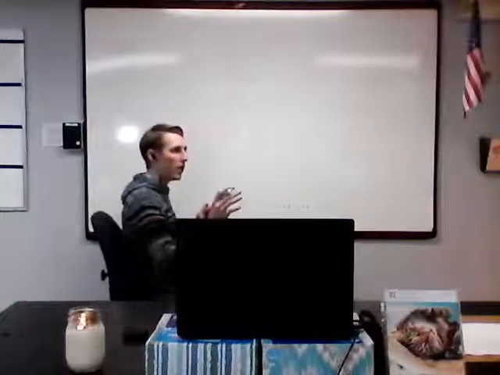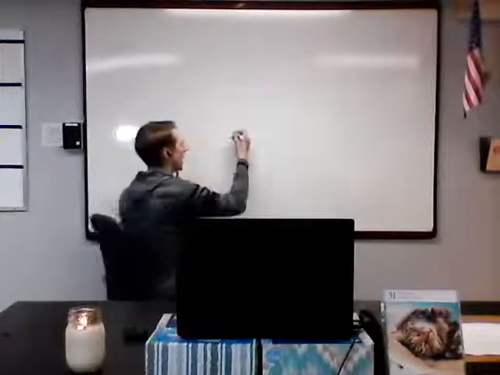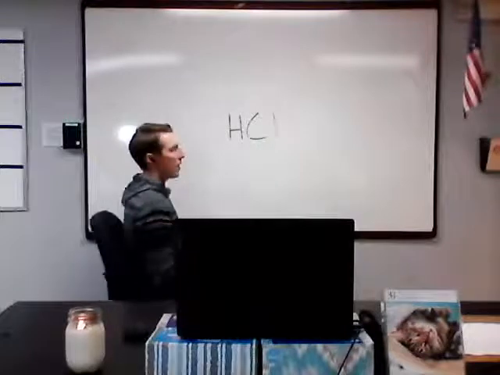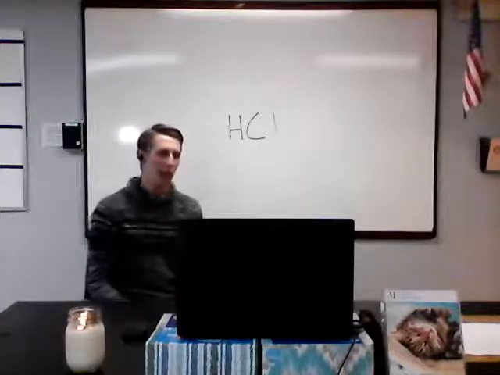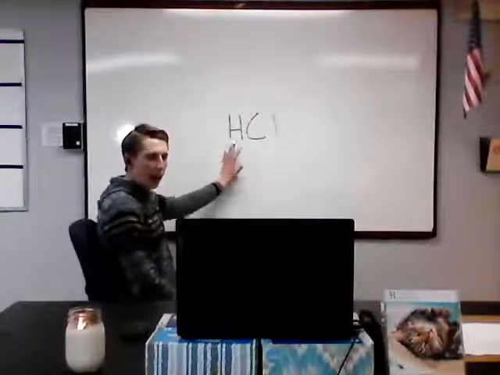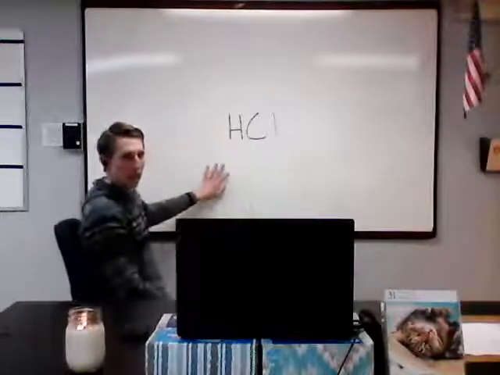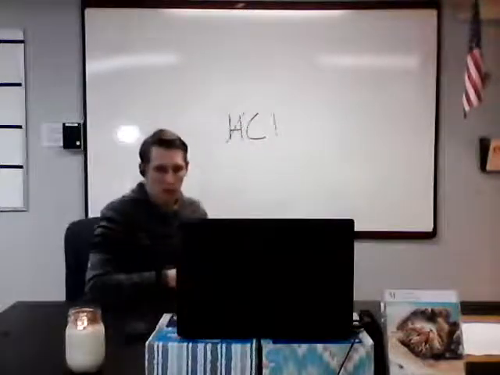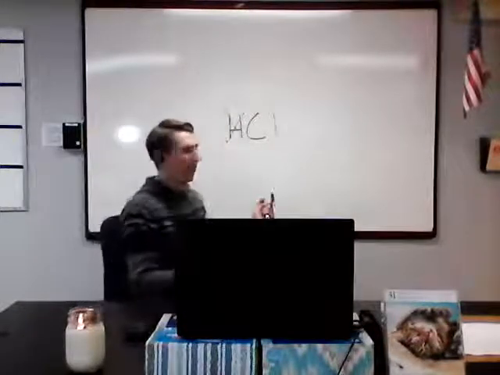Number 4, the stronger the acid, the weaker its conjugate base is. How is that true here? Yesterday we had an equation dealing with HCl, hydrochloric acid. Here's our HCl, with chlorine bonded to a hydrogen atom. This is a very strong acid. If we remove the H, it's only going to go to chlorine.